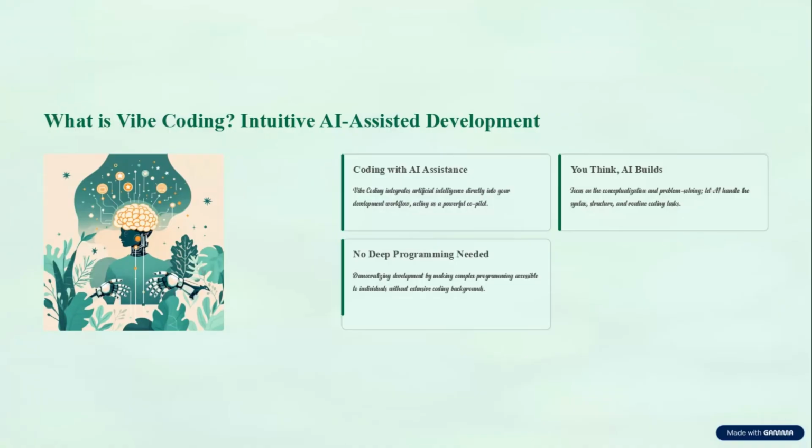The act of using AI to create a tool, or to create software, or to produce a software, is what we call Vibe Coding.